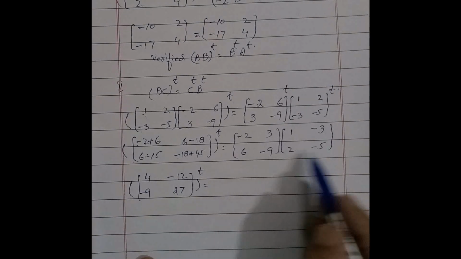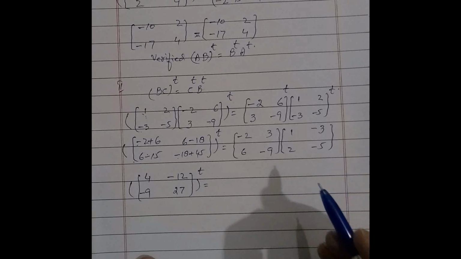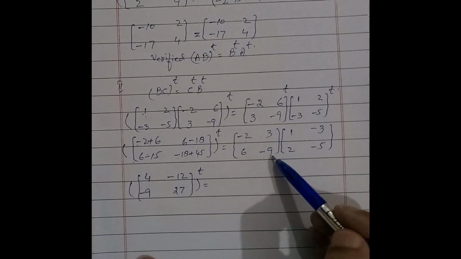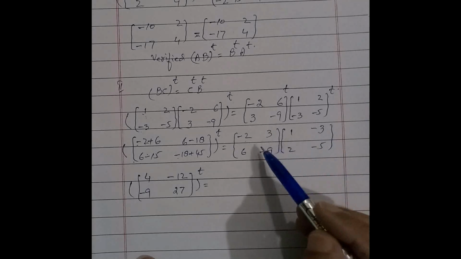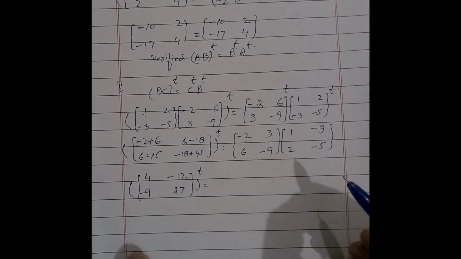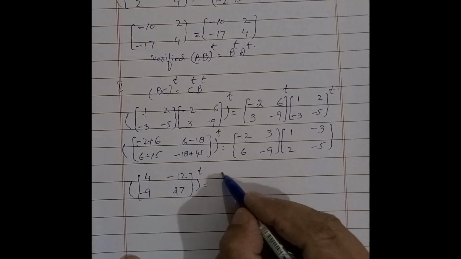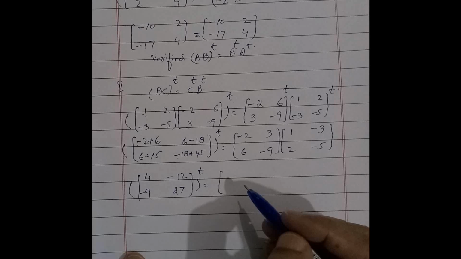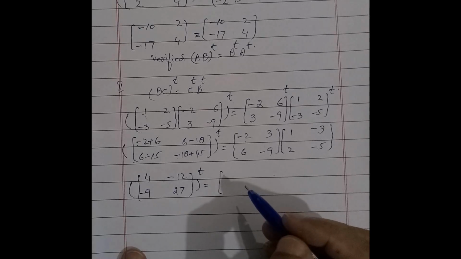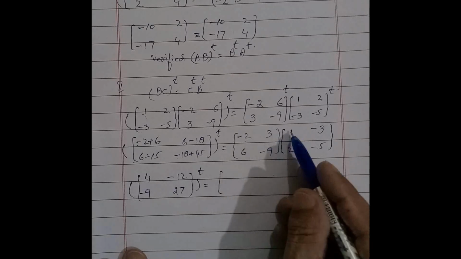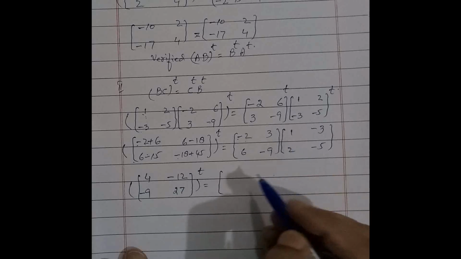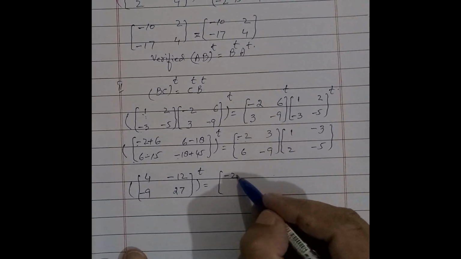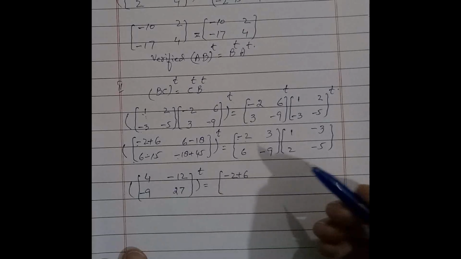And multiply these two values, and we confirm first. Number of columns 2, number of rows 2, they are the same, so they are confirmable for multiplication. Now we multiply these two values. First row with first column is minus 2 multiplied by 1 is equal to minus 2. 3 multiplied by 2 is equal to plus 6.